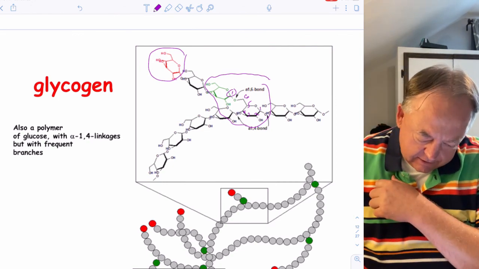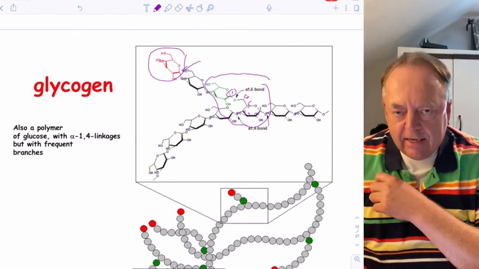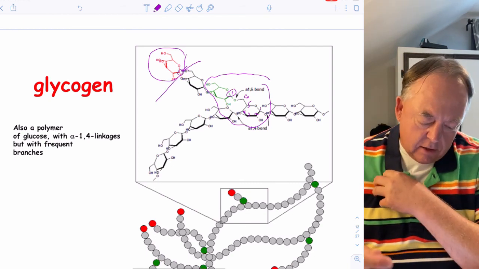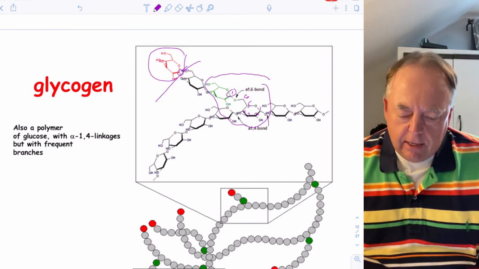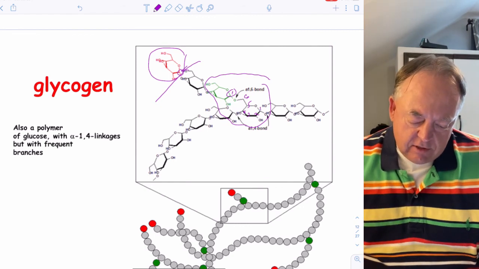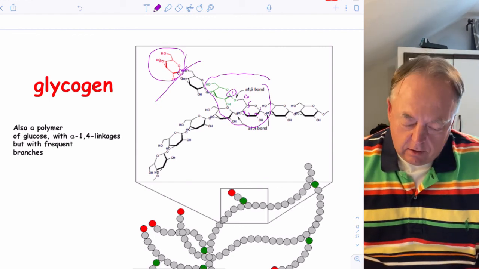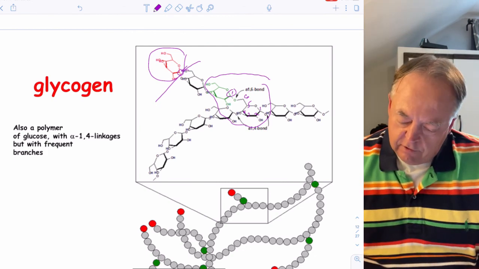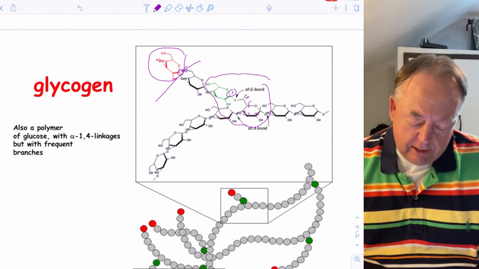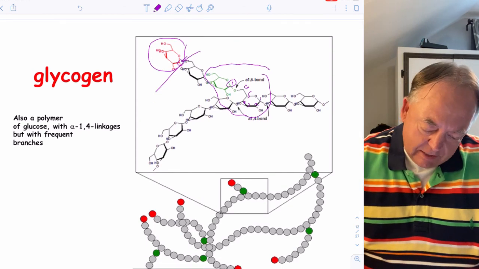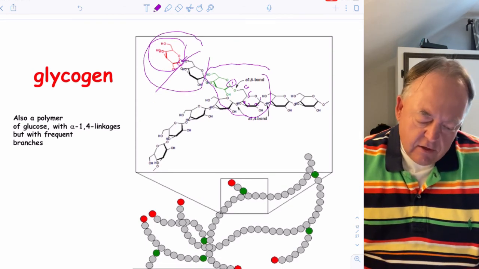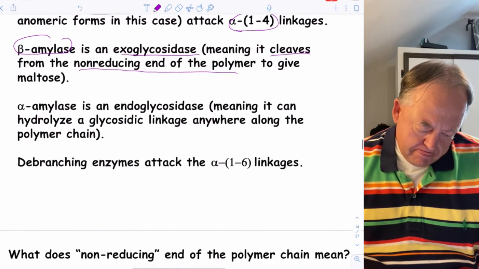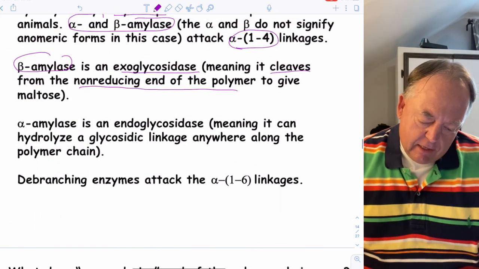But in this case, since that's an acetal bond, it cannot open up, so that carbon can't be oxidized by the oxidizing agents that we talked about in the last lecture. Since it's not a hemiacetal, it's an acetal or glycosidic bond, so that's the non-reducing end of this carbohydrate polymer chain. Basically, the enzyme comes in and cleaves off two of these at a time. So that's what beta amylase does.